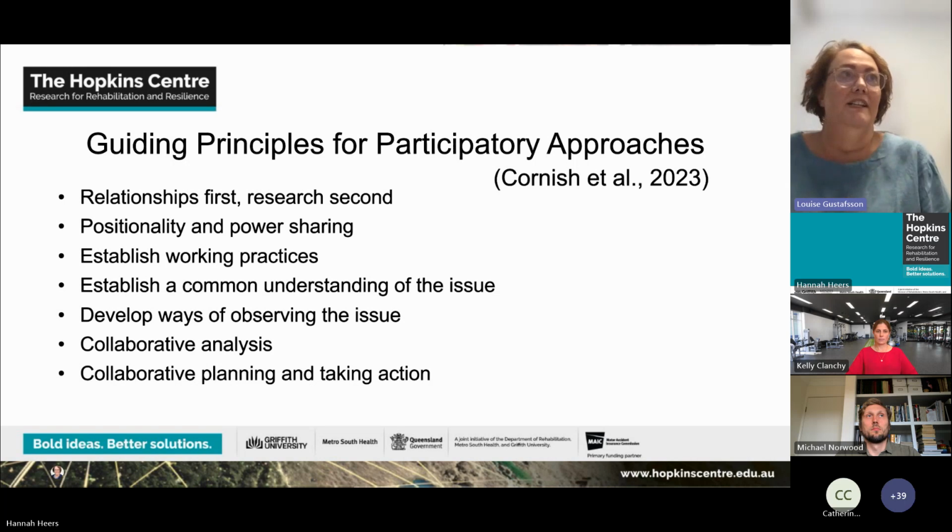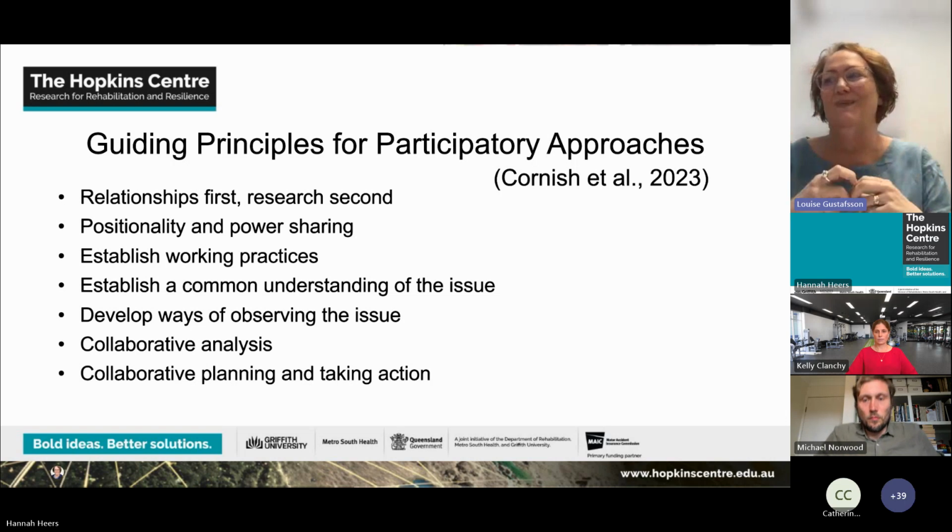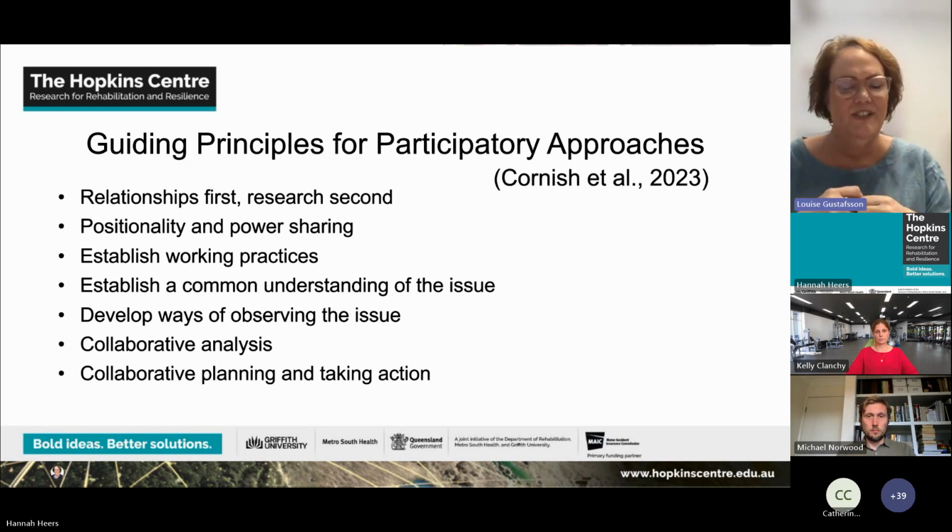So for me to finish up, if you're wondering, there was certainly an element of co-design in its form, but I also think through these participatory approaches and principles, because they sit within co-design, the things that I wanted to highlight is that relationships always come first and research second when you're working in this way.